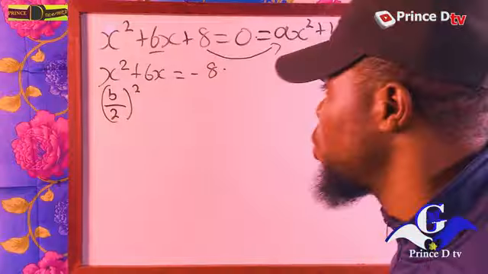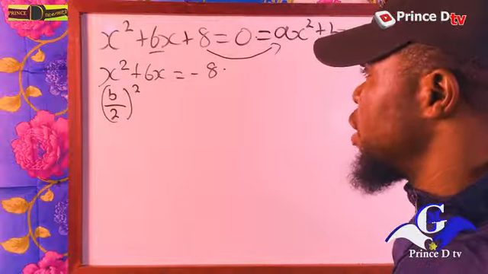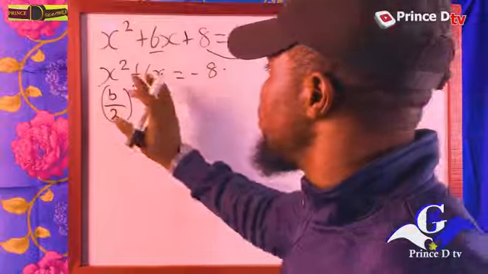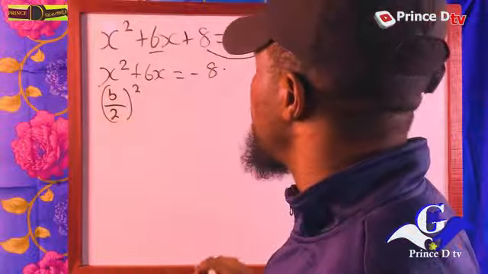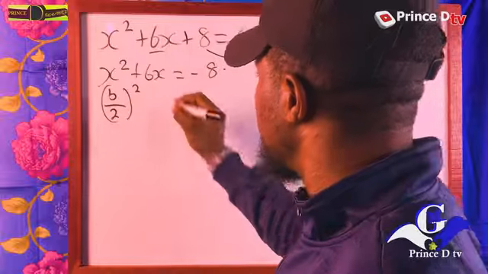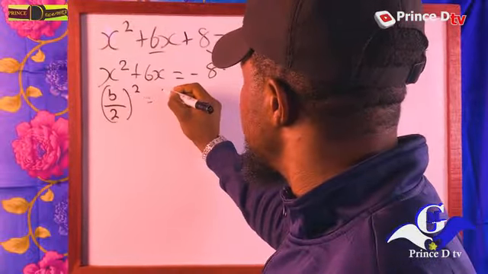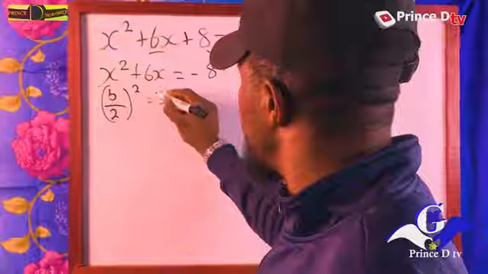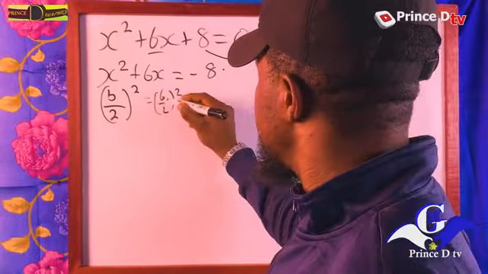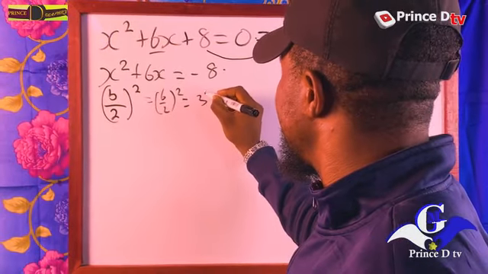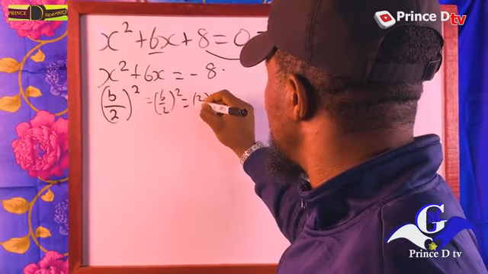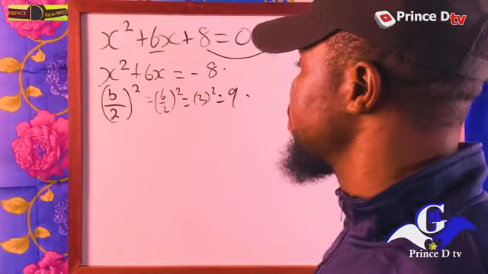You just have to follow it. It's a law of completing the square. So add b over 2 all squared to both sides of the equation. What's our b? Our b is 6. So 6 over 2 all squared, which is 6 divided by 2, that's 3. So all squared, that's 3 squared, which is 9.